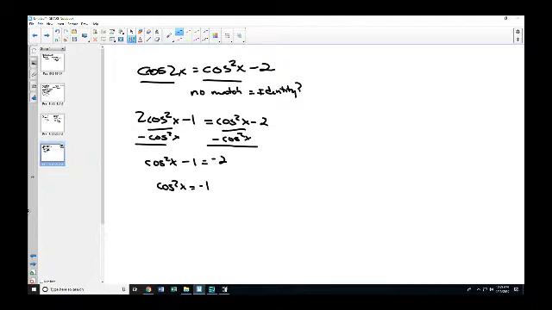Maybe. No. Okay, what's your next step? Root both sides. You can't root it. That's just i, isn't it? No solutions. We don't do imaginary numbers with trig, do we? We don't.